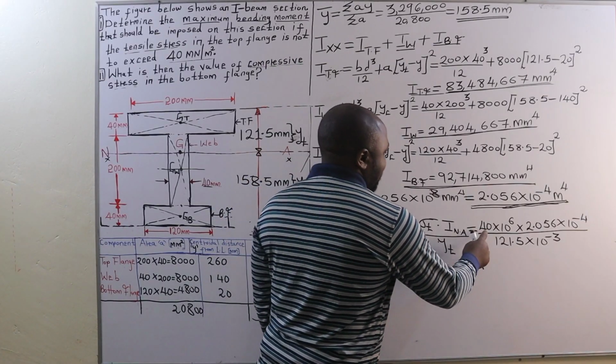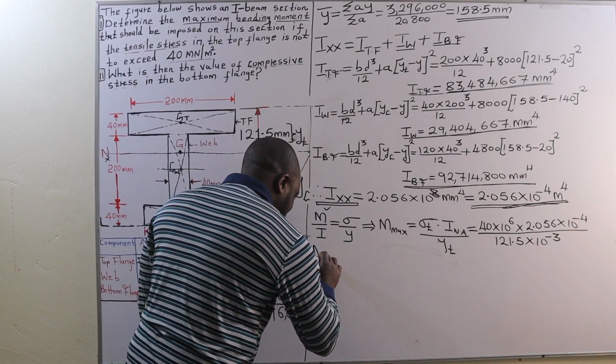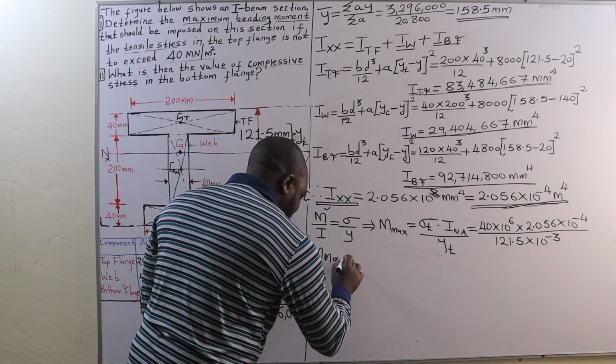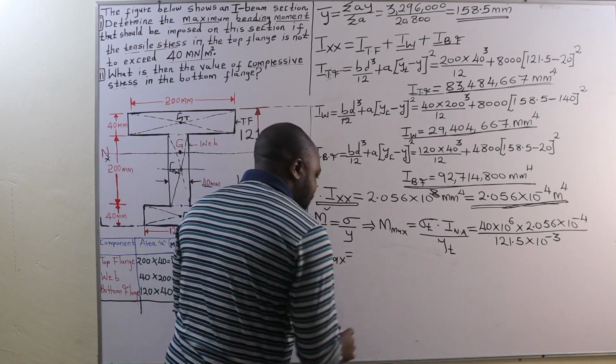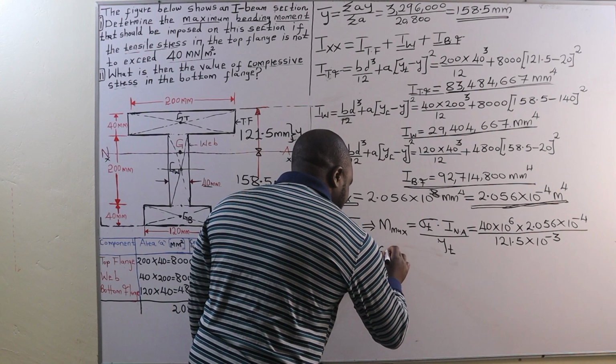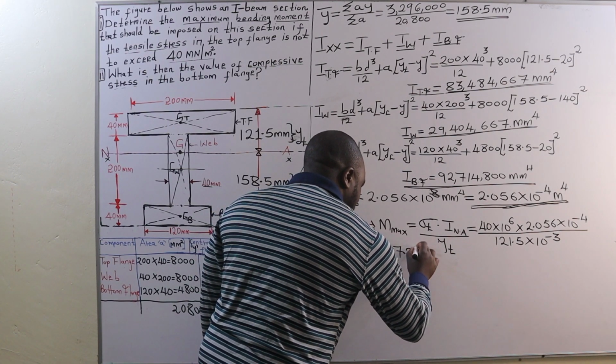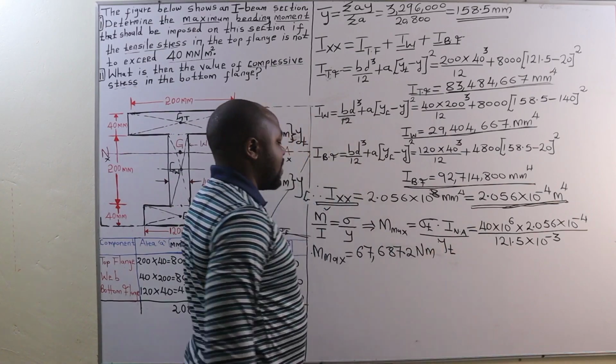Therefore, after we have multiplied all that, we are going to have a maximum bending moment of 67,687.2 newton meters.